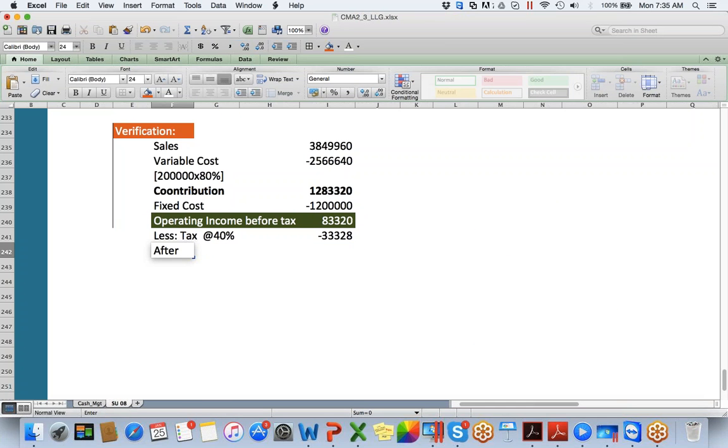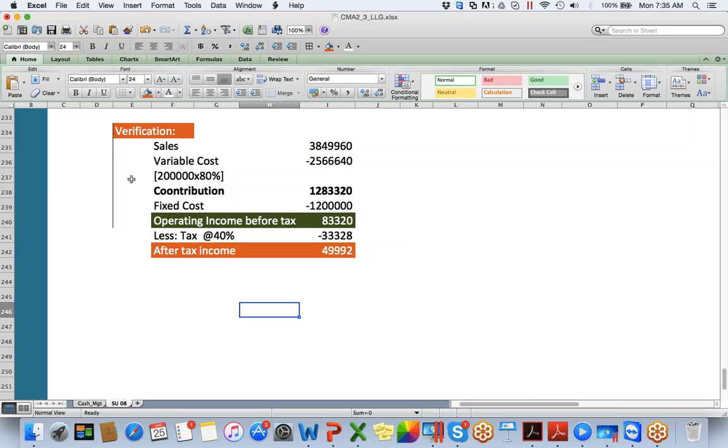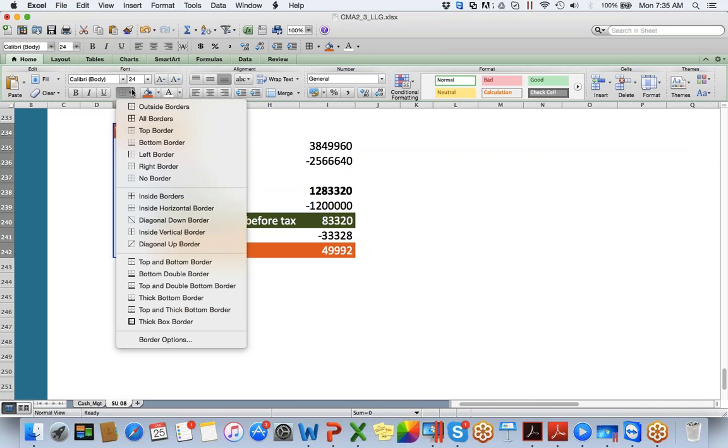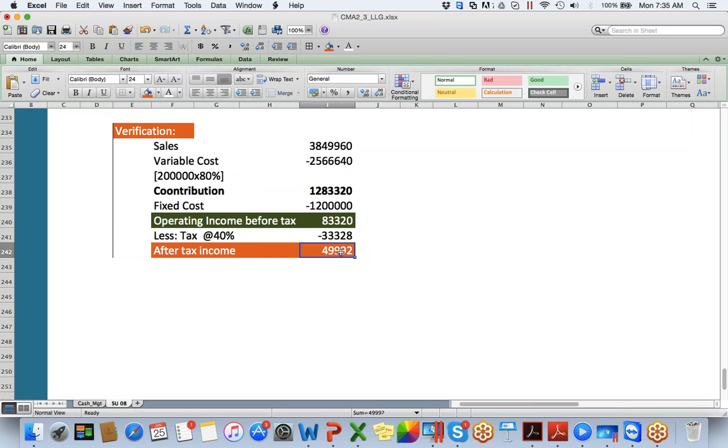So after tax income is profit before tax minus tax. You got that $8 difference, you can ignore it, but you got your money back, after tax income of 50,000.